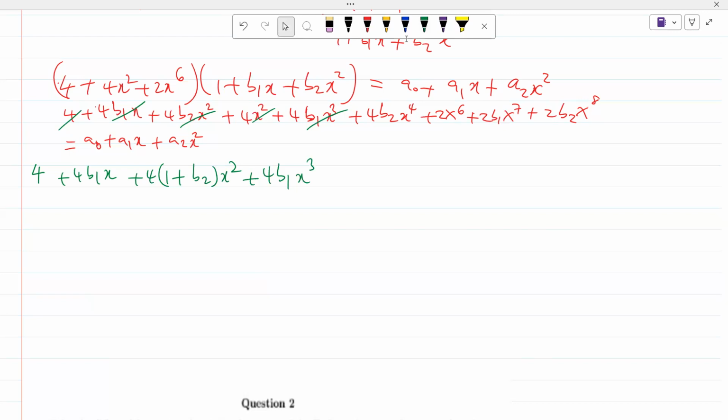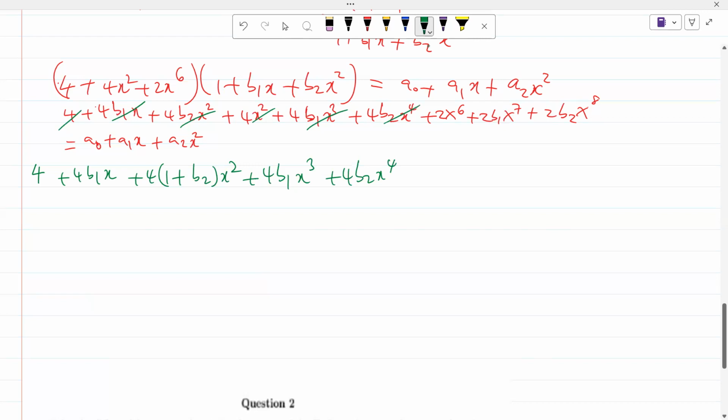Then we have the fourth order terms, 4b2 x to the fourth.